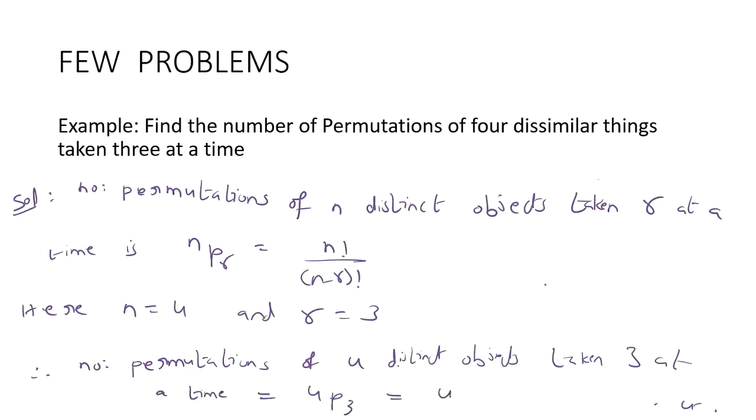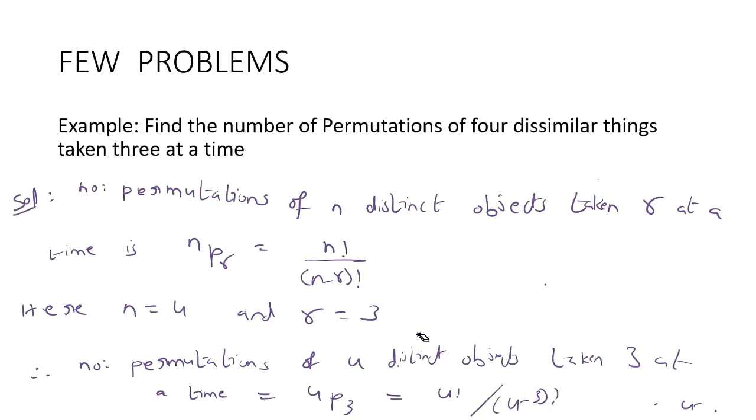If you want, you can expand it. 4P3 is equal to 4 factorial upon (4 minus 3) factorial. But there is no need to expand what 4 factorial and 4 minus 3 factorial are. You can just leave the answer as 4P3.